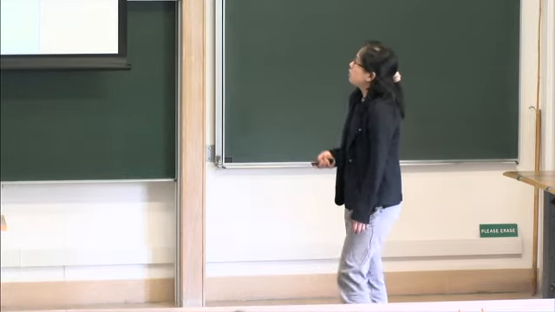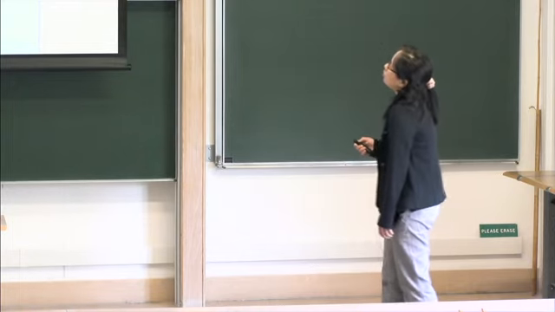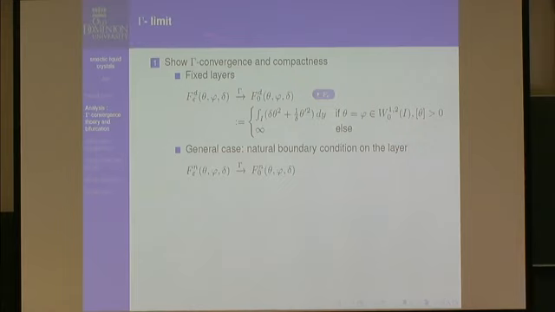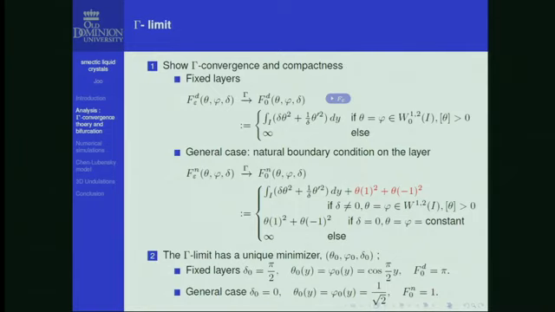Okay, so here, this is fixed layers, alpha epsilon. In the Dirichlet boundary condition case, we prove that this is the right gamma limit in the function space like that. And in the general case, the natural boundary condition on the layers, we have different gamma limits.